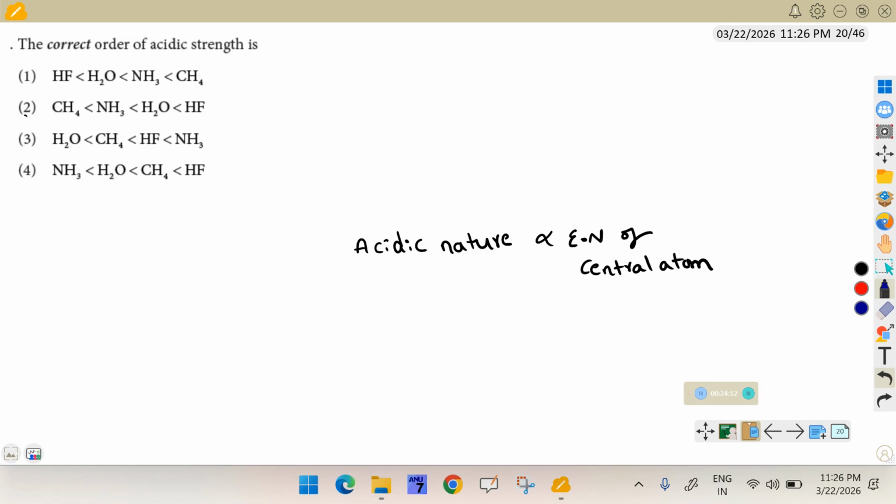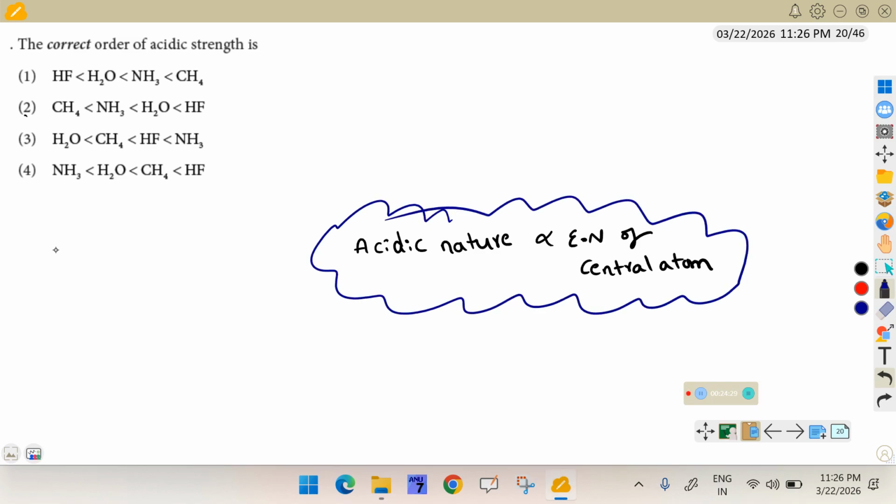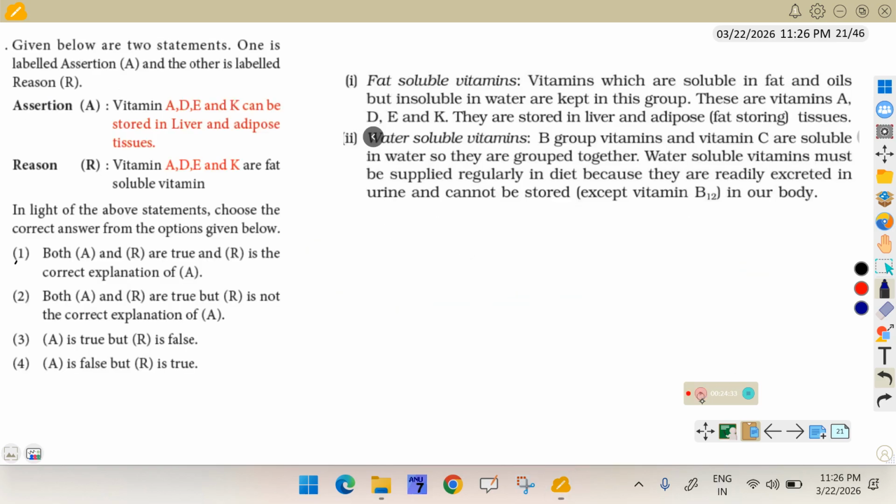The correct order of acidic strength is, okay, all these are hydrides of 5A, 6A and 7A. In this case, acidic nature is directly proportional to electronegativity of the central atom. So correct answer is second option. Vitamin A, D, E, K can be stored in liver and adipose tissues.